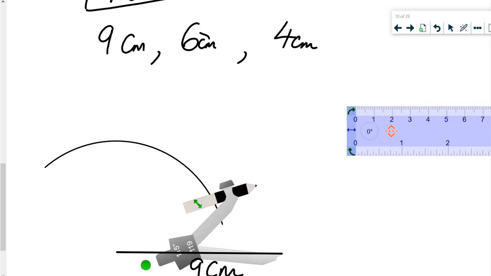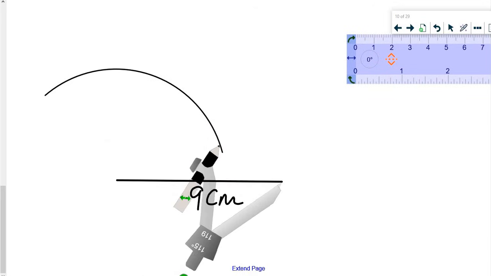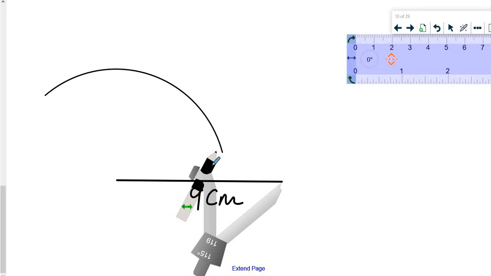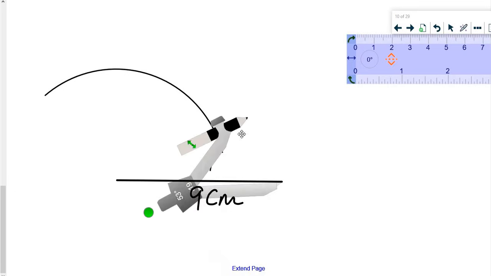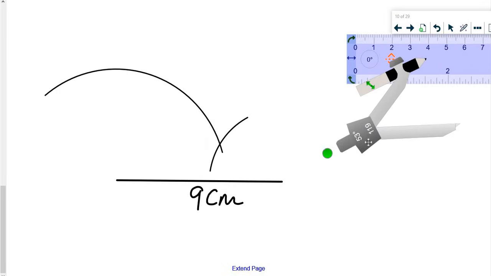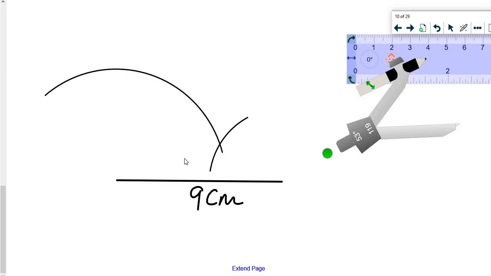Turn your compass this way. Come and cut this. See that? So we will label this point here.